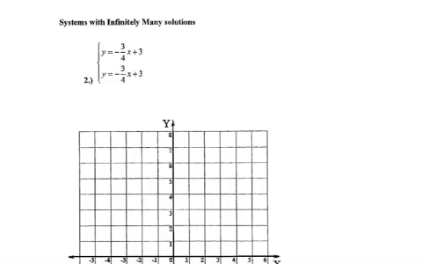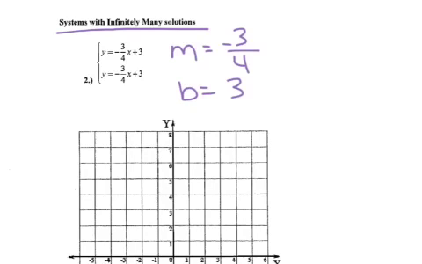Okay, this example is when we have a system with infinitely many solutions. With this example, they have the same slope. My slope is negative 3/4 in both of them. They also have the same y-intercept. Therefore, since it is the same slope and the same y-intercept, they are both the same equation.